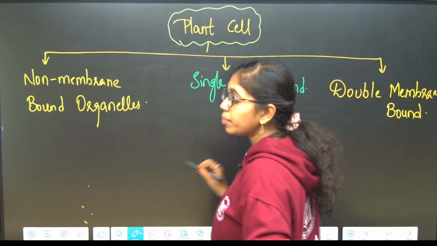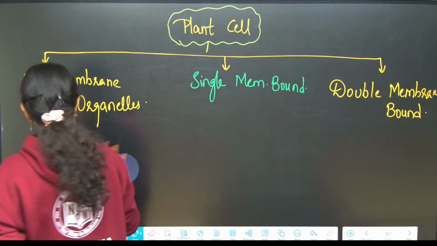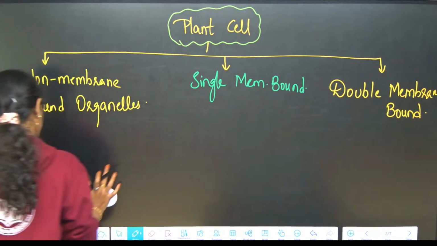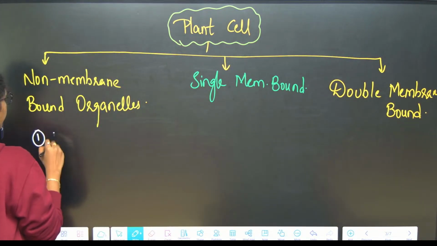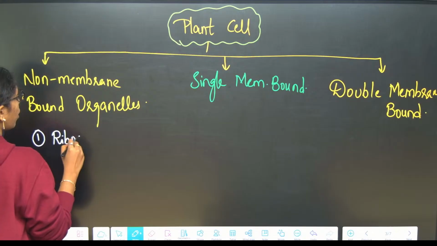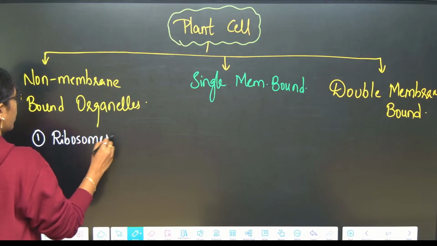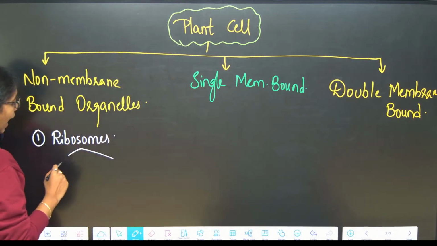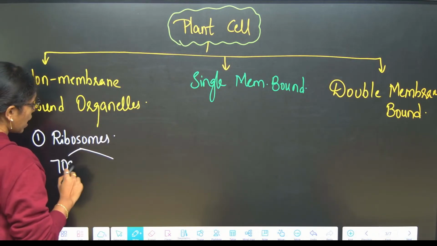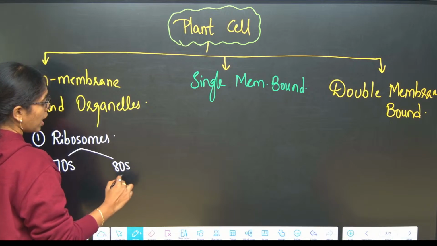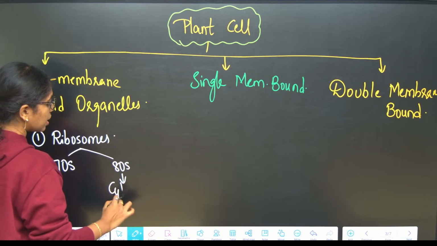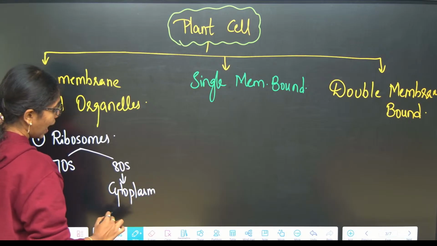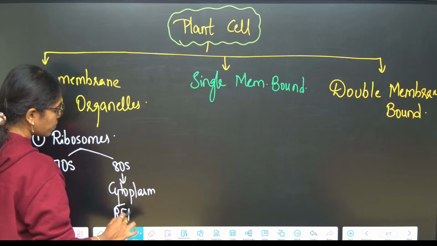What are the non-membrane bound organelles present inside the plant cell? The only non-membrane bound organelle present inside the plant cell is the ribosome. What types of ribosomes can you observe? Ribosomes are of two types inside the plant cell: 70S ribosomes and 80S ribosomes. 80S ribosomes are present in the cytoplasm of a plant cell and above rough endoplasmic reticulum.